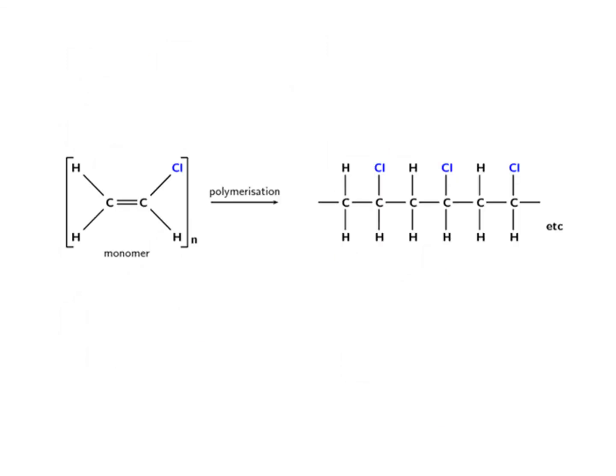When we look at this example, we see the polymer. How do we know it's the polymer? It has square brackets as well as n, that stands for number. Within the square bracket, we find the monomer.